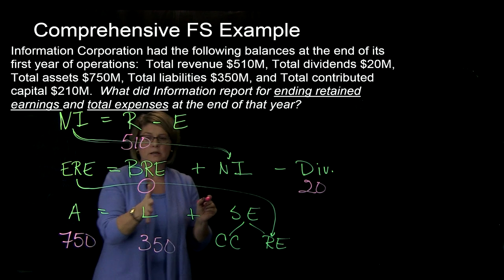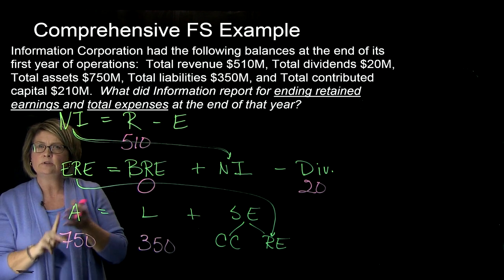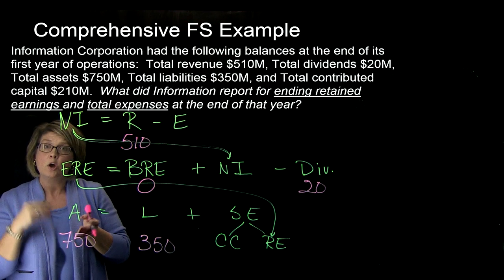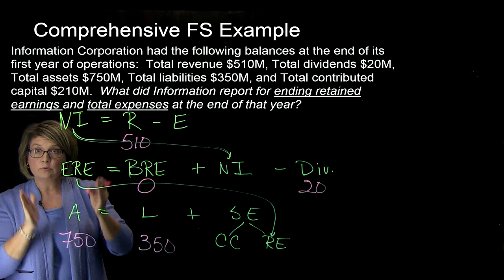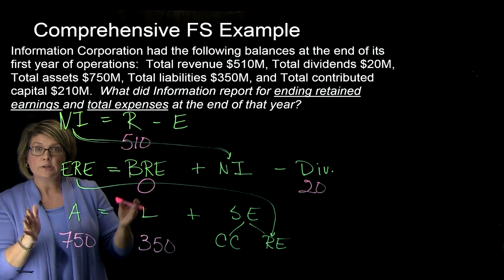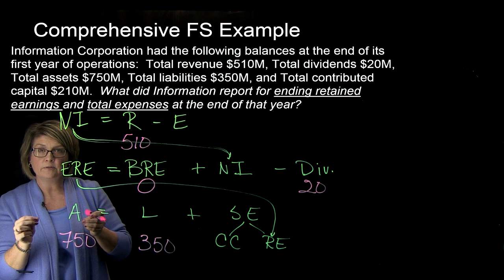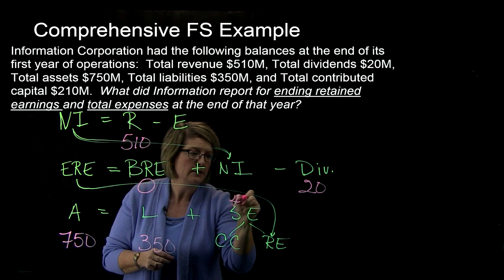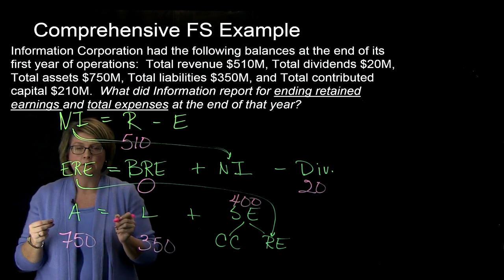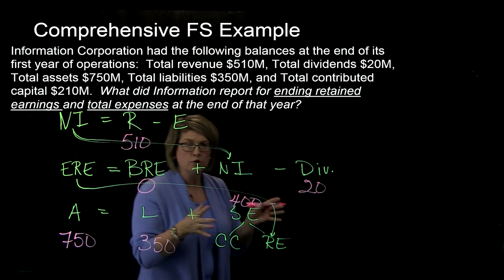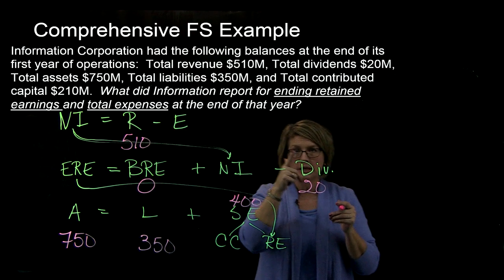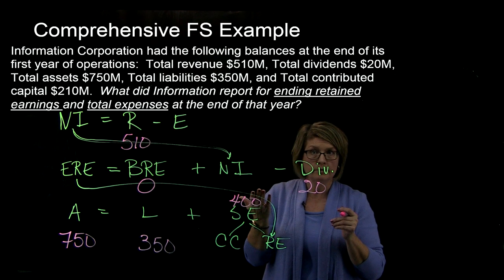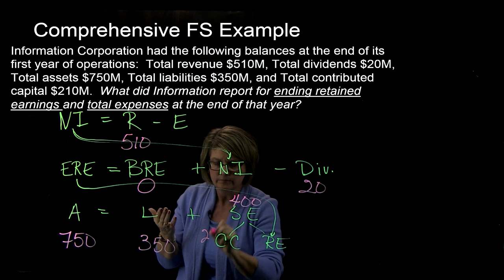Now look what's happening. I've got assets of $750, I've got liabilities of $350. Well, I know assets are equal to liabilities plus equity. So at this point, if assets are $750, liabilities are $350, equity must be $400 million. And if equity is $400 million, and keep reading in the information that we've got there, contributed capital is $210.